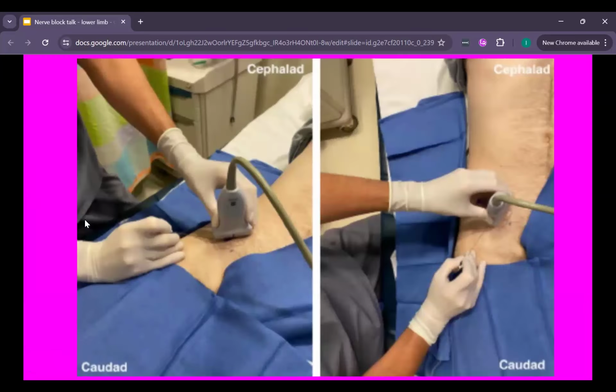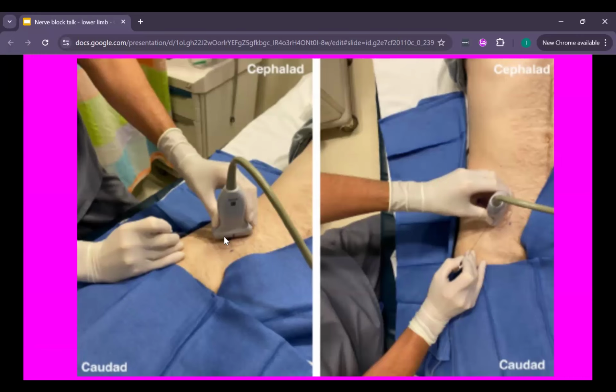Alrighty, so with the suprainguinal approach, what we do differently is, from the image that we had with our infrainguinal approach, we're just going to turn the ultrasound probe, rotate it 90 degrees. As you can see, this is the patient's leg on the left here, and then we're moving up towards the trunk or cephalad here.